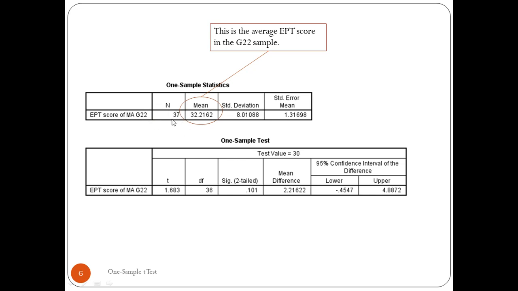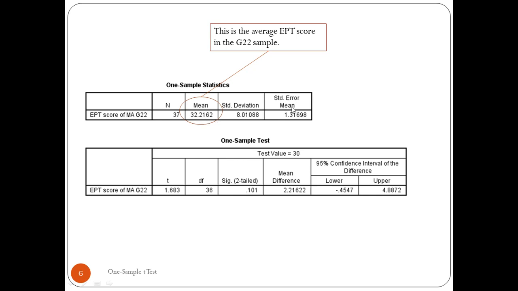There are 37 students or respondents in this study, and this is the average score of our sample, 32.22 out of 50. The total score of the test is 50.